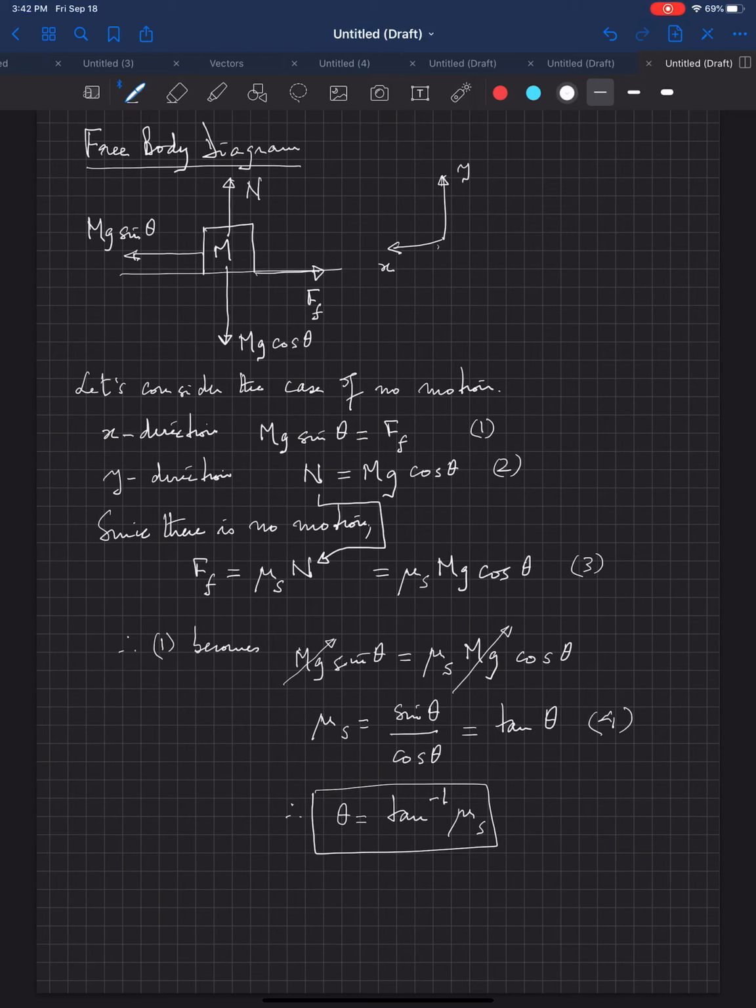At some critical angle theta minimum, sliding will begin, okay? So let's write down: increase theta, at some theta minimum, sliding begins.